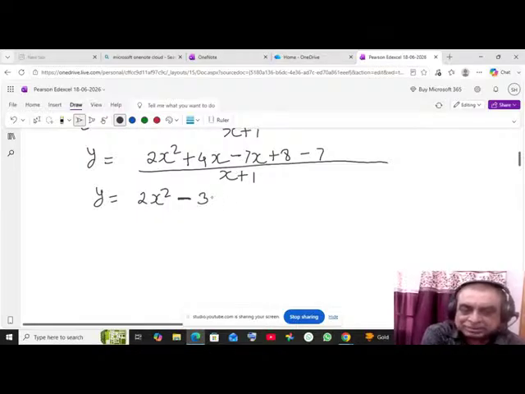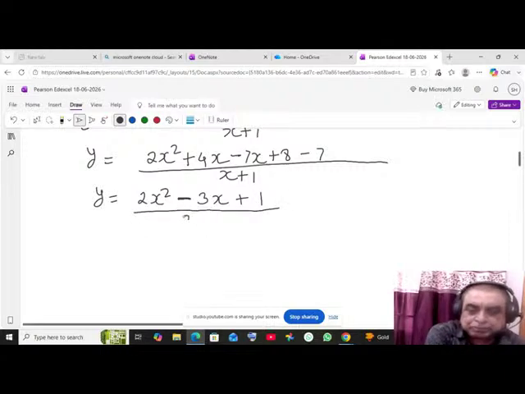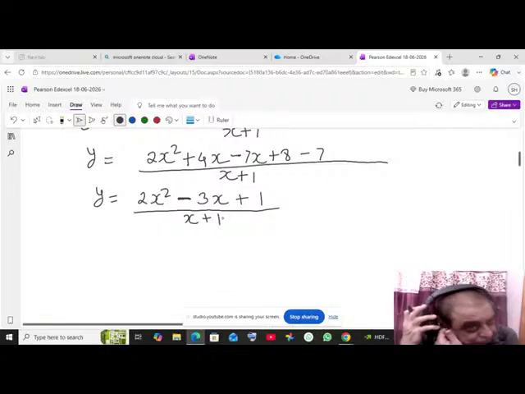The 3 is the answer, and copy the x. Okay, so it is minus 3x and plus 8 minus 7. Bigger number is positive. Put the positive sign and subtract. From 8 you subtract 7. You get 1. So that is how the parametric equations have been changed to the Cartesian form.